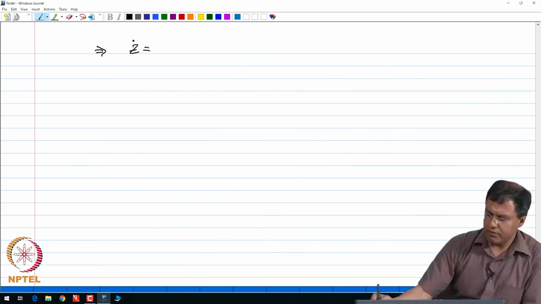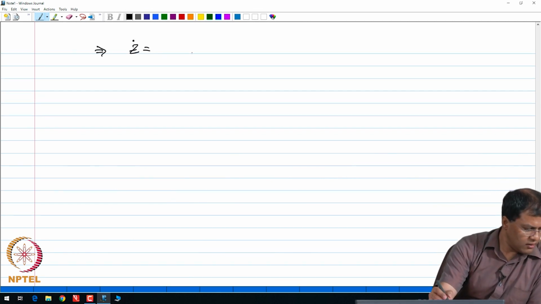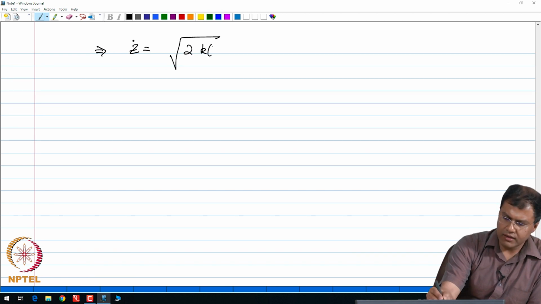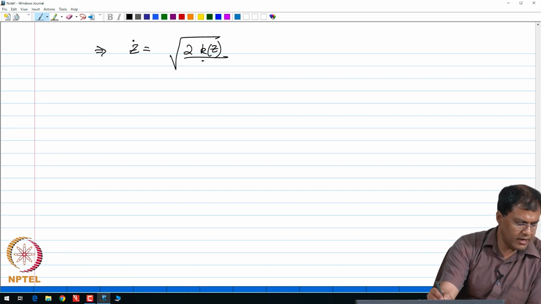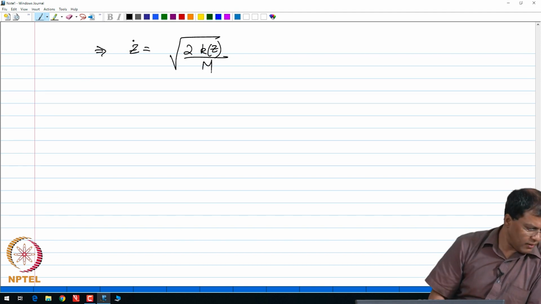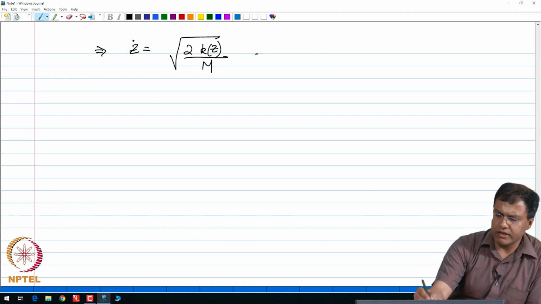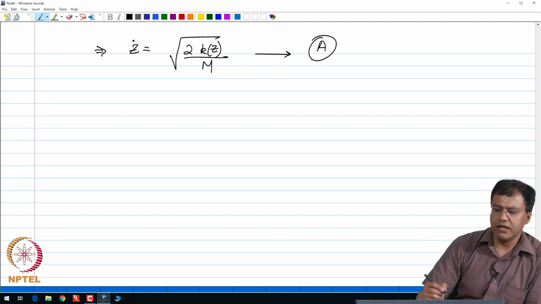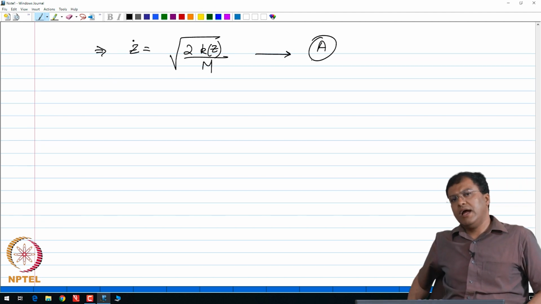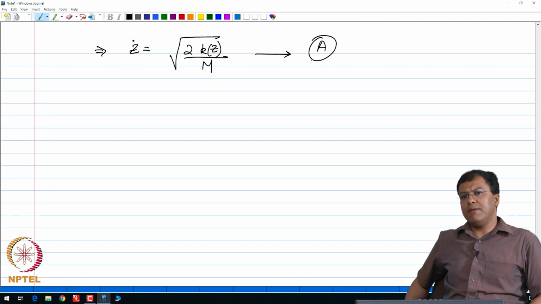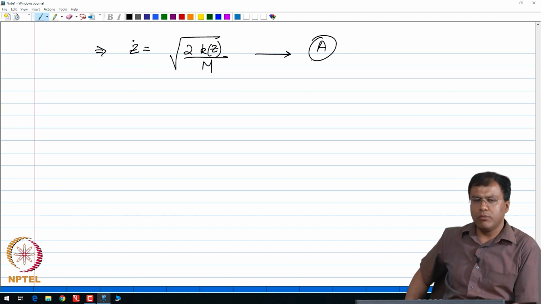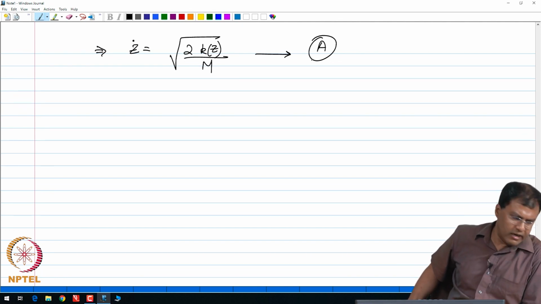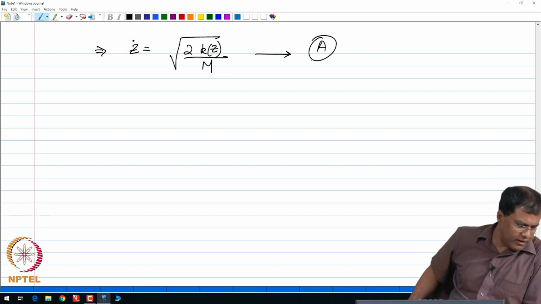From here I see that z dot, or the velocity, is 2 times k of z, the giant expression, divided by the mass of the nanotube m, and of course, this is my equation of motion. I can integrate it once and find out the time period of oscillation, but that is going to be very cumbersome. Instead, we look at the time period in a different way.